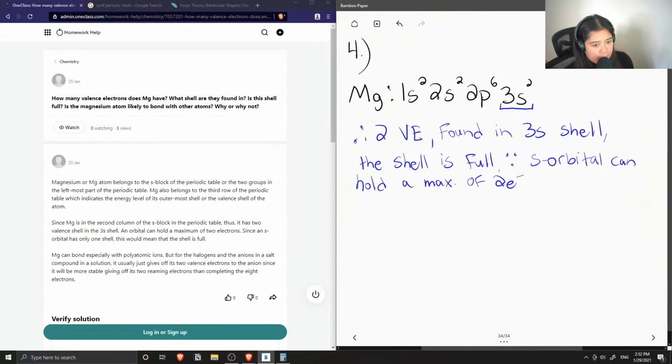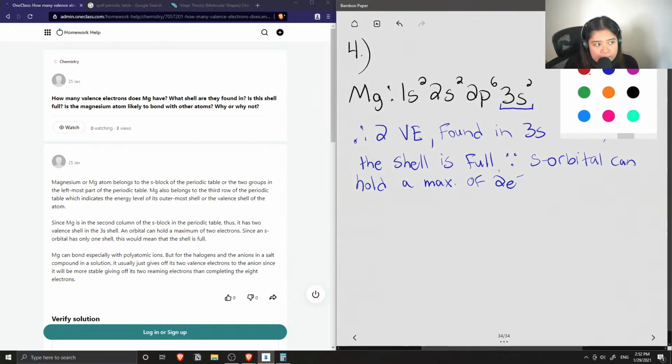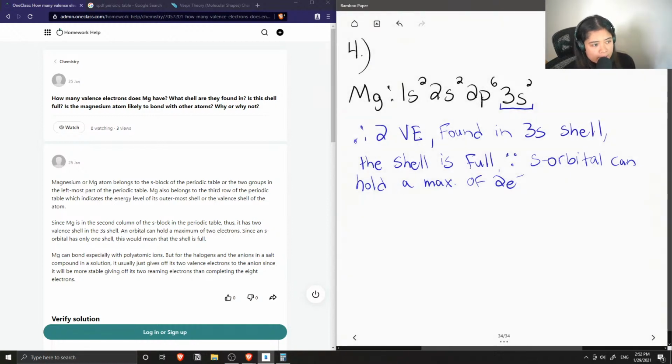And then the last part asks, is the magnesium atom likely to bond with other atoms? Why or why not? Okay, so yes. Magnesium is able to bond with other atoms.